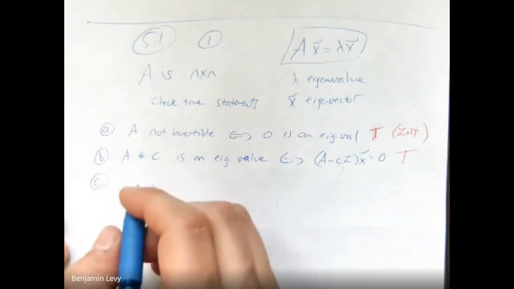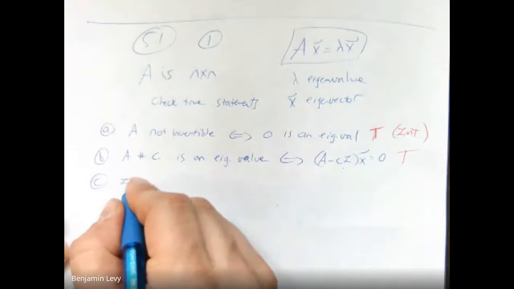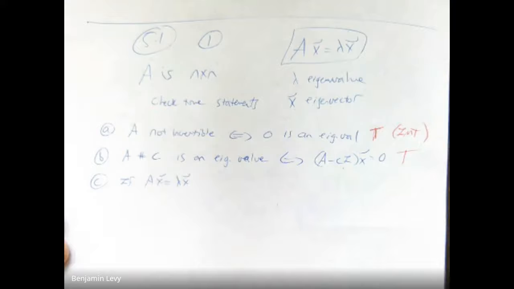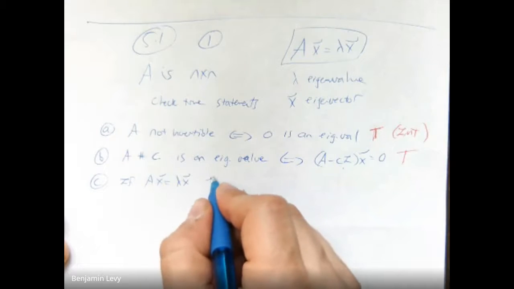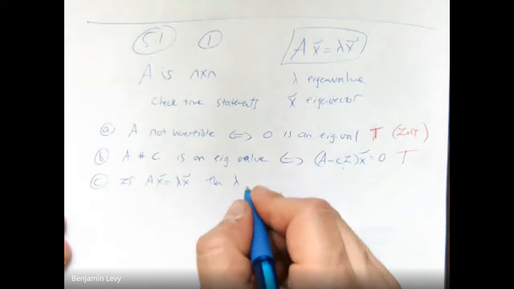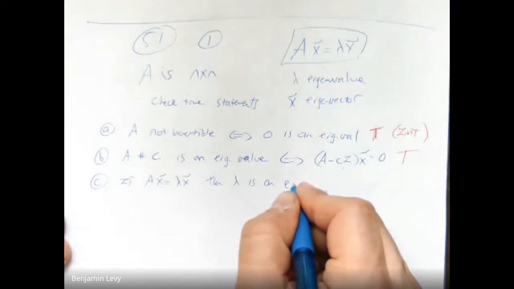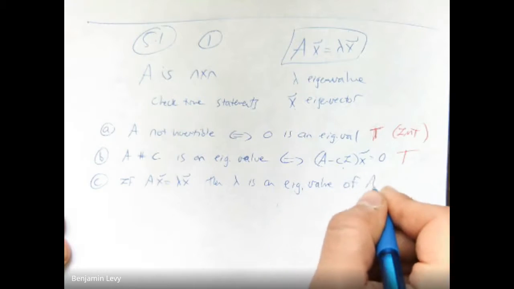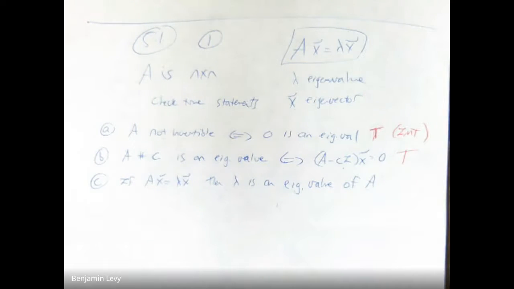C says if AX equals lambda X, then lambda is an eigenvalue of A. This is the one that they're trying to trick you with.